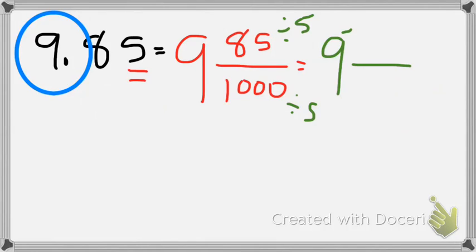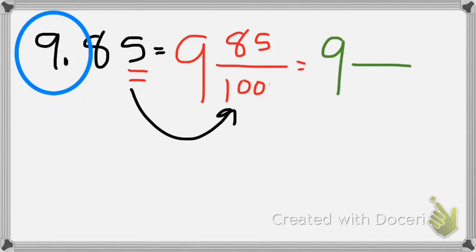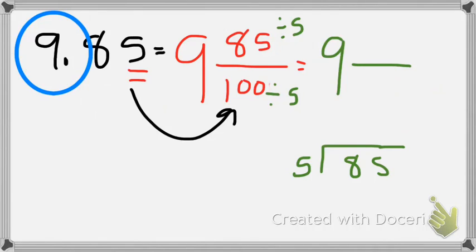I did make a mistake here. This is 85 hundredths. Sorry about that. So I'm going to divide this by 5 and divide this by 5 to reduce it. 85 divided by 5. If you can't do that in your head, do a division problem. Take the extra step and the extra time to make sure you get it right.